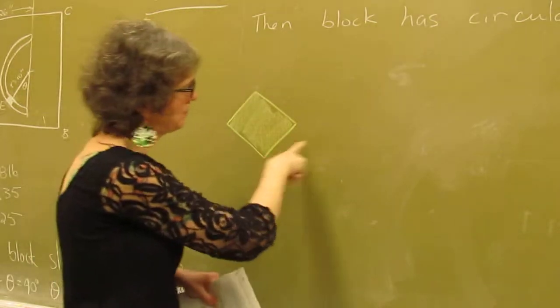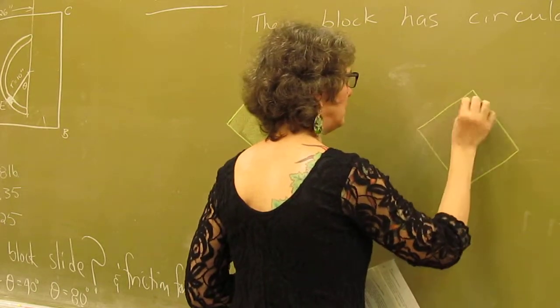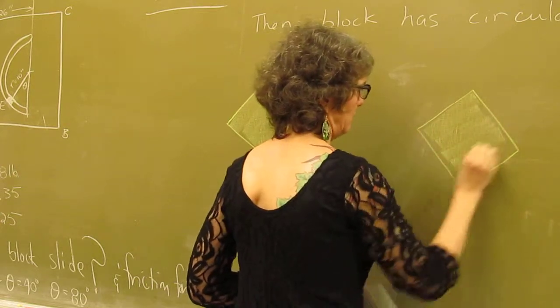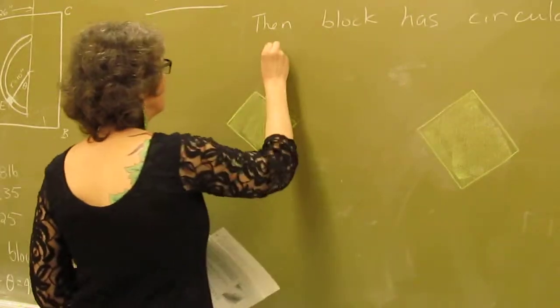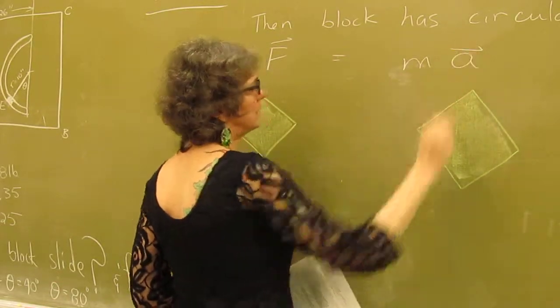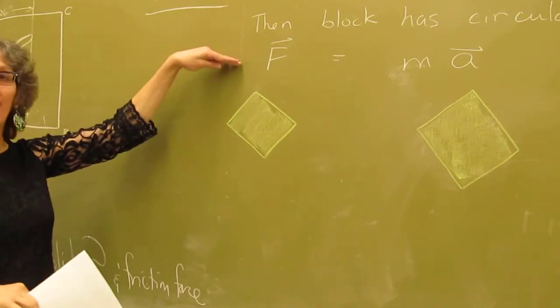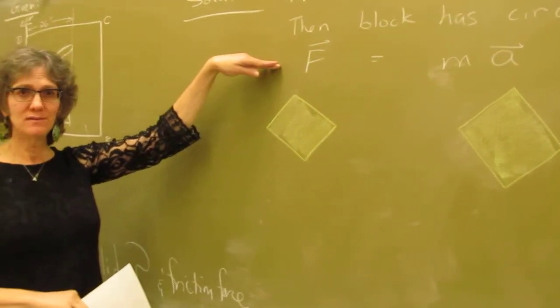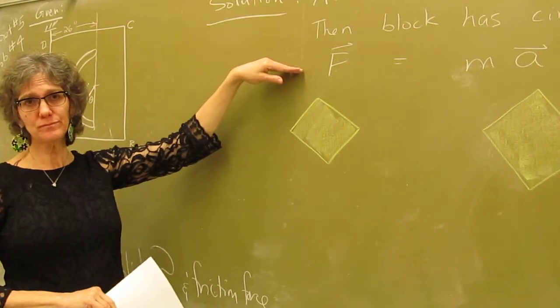Okay, so I'll draw the free body diagram and set it equal to the inertia vector diagram. So this is how I'm going to tell my teacher the method that I've chosen. I'll just write down the equation F equals ma. So I know which method you've chosen.